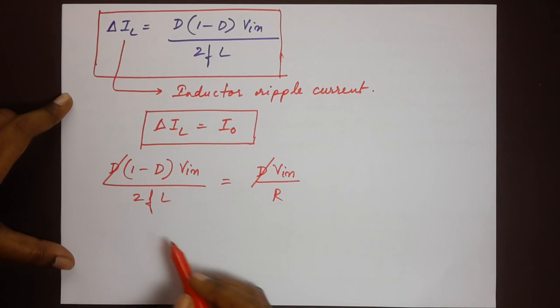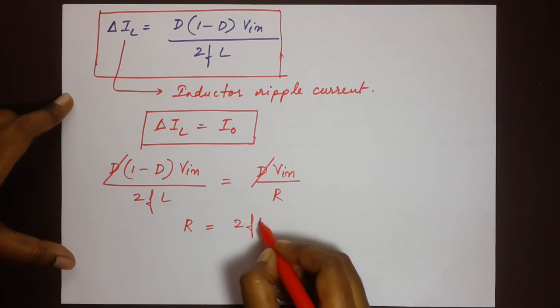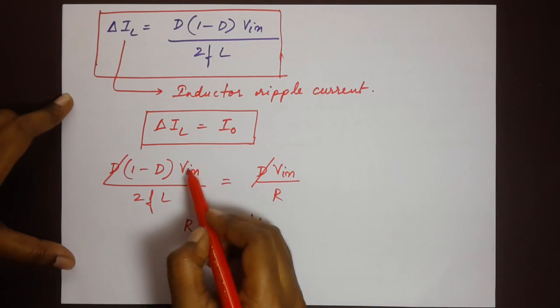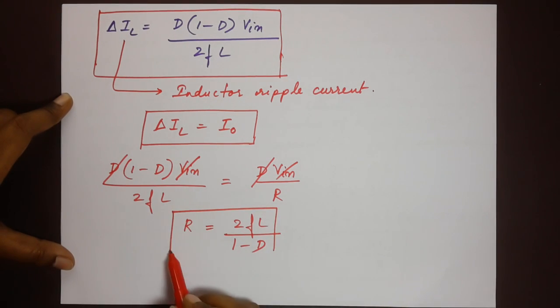D and D cancel out. We will have our expression for R as 2FL divided by 1 minus D, since Vin and Vin also cancel out. So this is now our equation to solve.